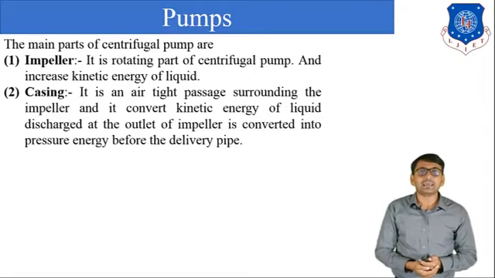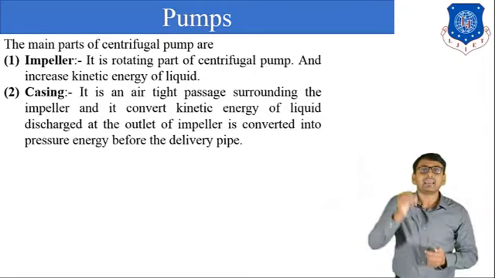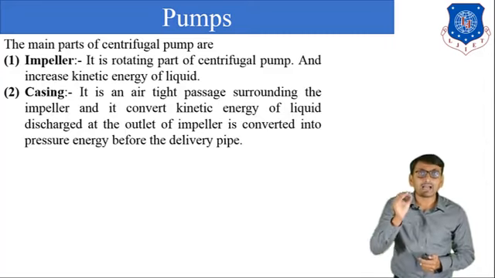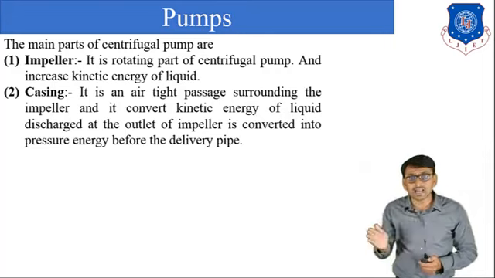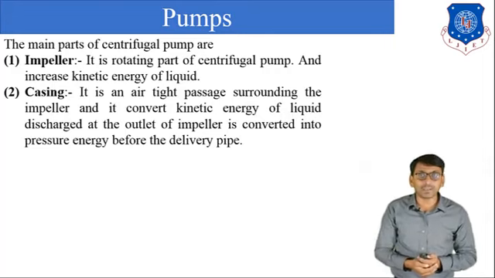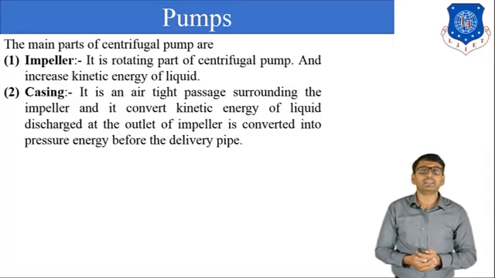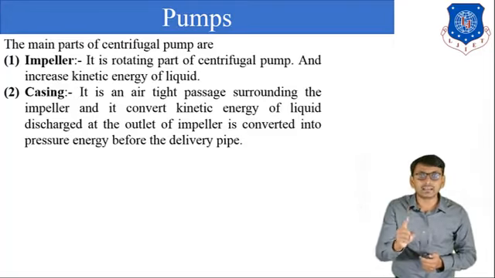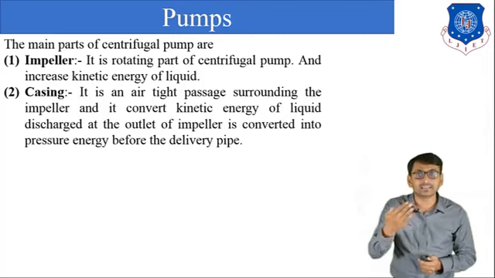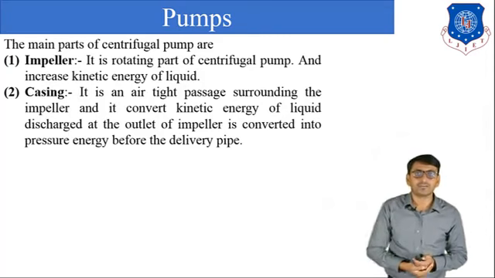It is an airtight passage surrounding the impeller and it converts the kinetic energy of liquid discharged at the outlet of the impeller into pressure energy before the delivery pipe. So the casing converts kinetic energy into pressure energy. It is so designed. Okay.